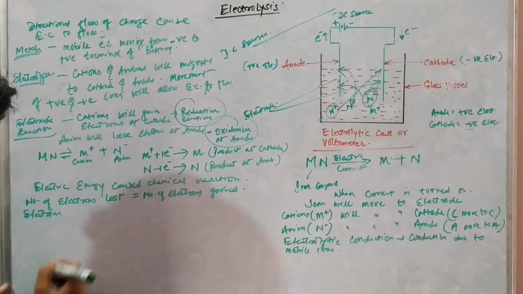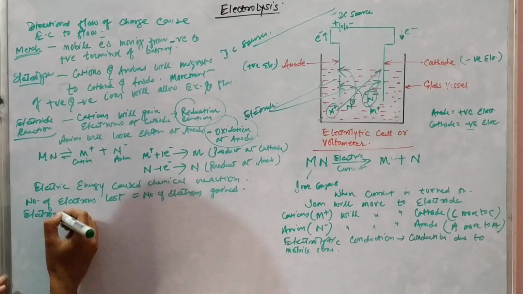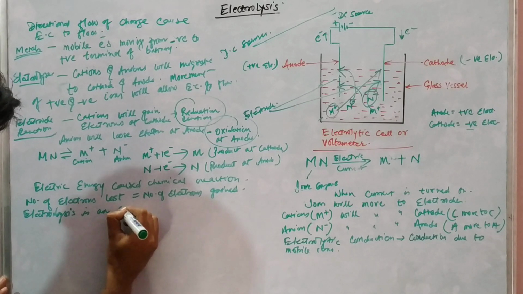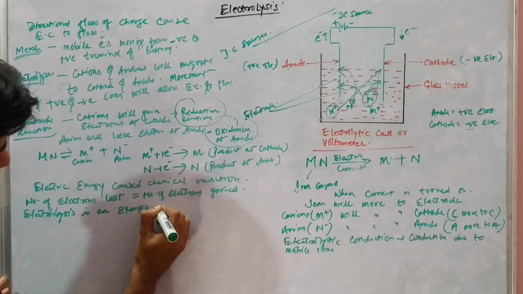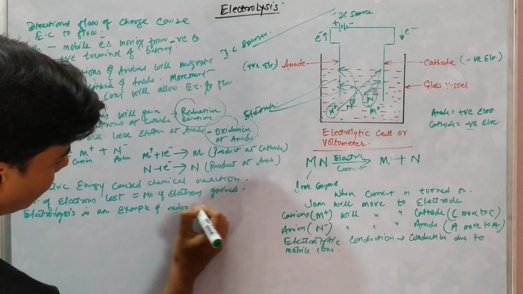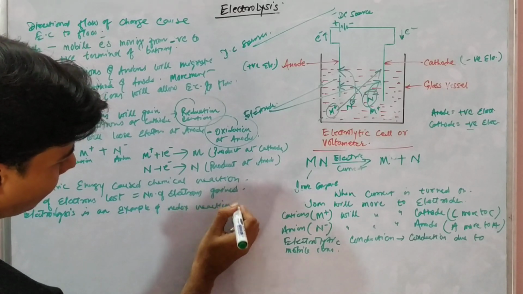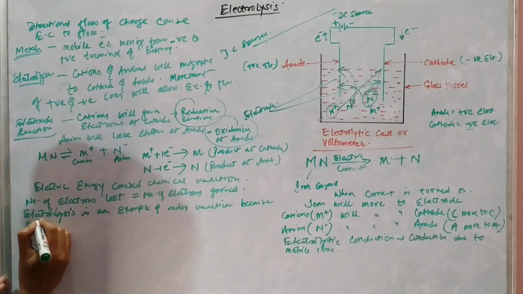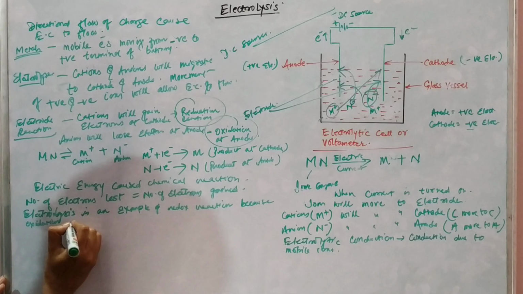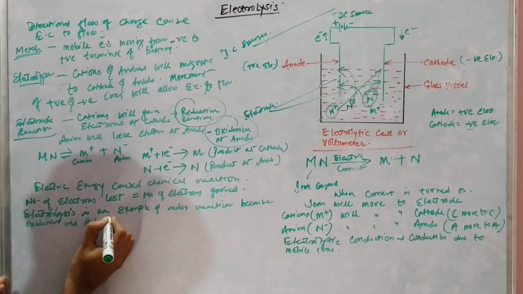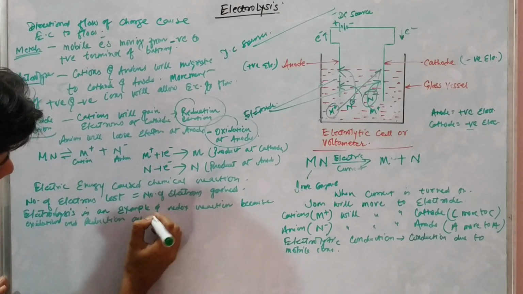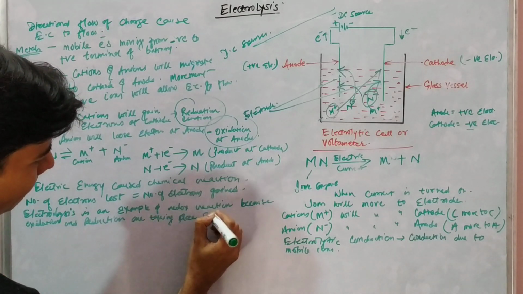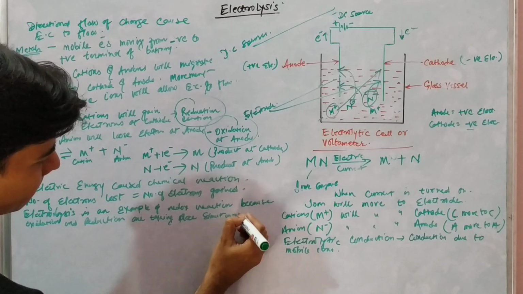So electrolysis is an example of redox reaction, because oxidation and reduction are taking place simultaneously.